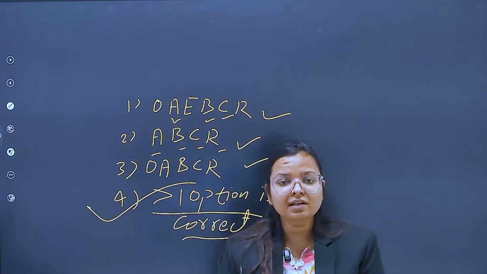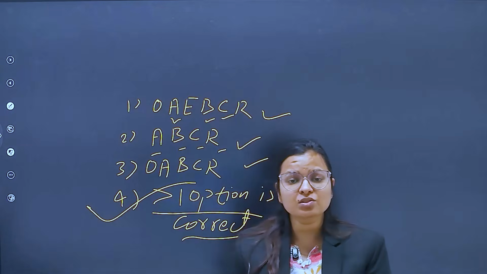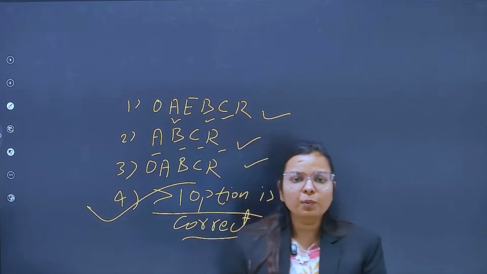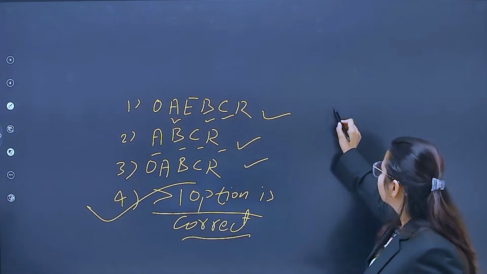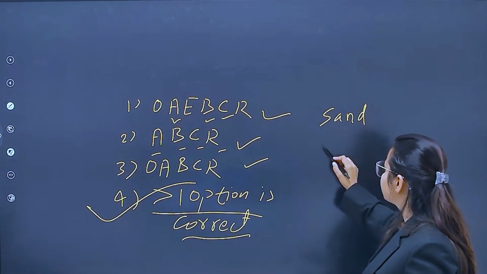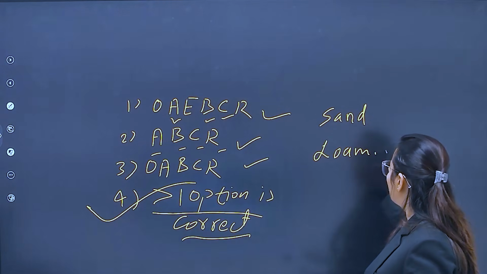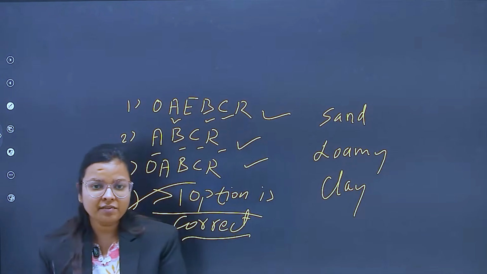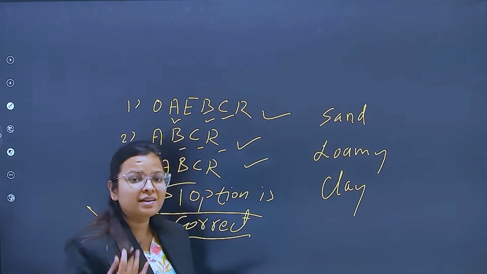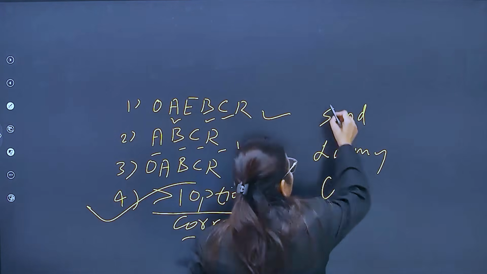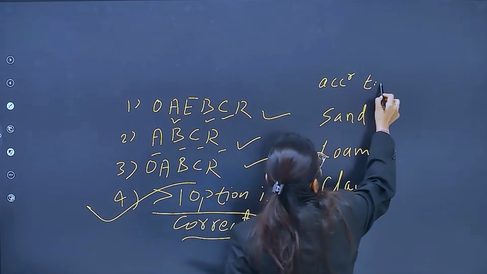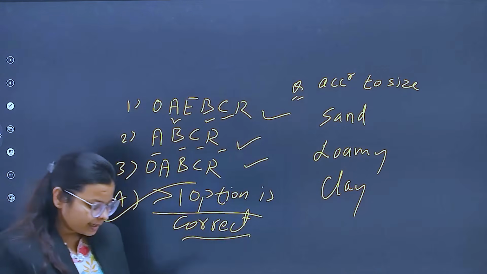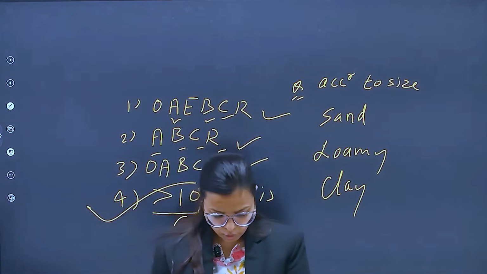Please arrange the order according to particle size: sand, loamy and clay. Which will come first, which second? Please arrange them in decreasing order according to size.